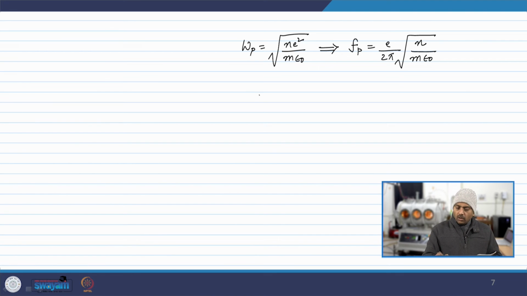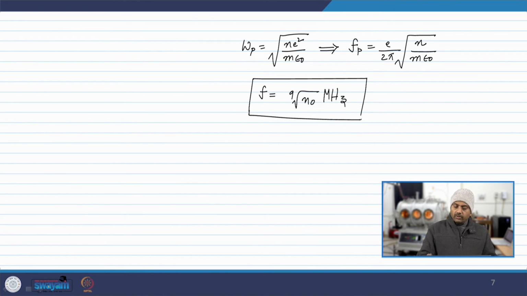So, substituting all the known values of constants, for example, charge of electron, mass of electron, the permittivity of free space, all that, we can write the frequency as 9 square root of n naught, it is actually megahertz. Okay. So, this is the frequency of the plasma.